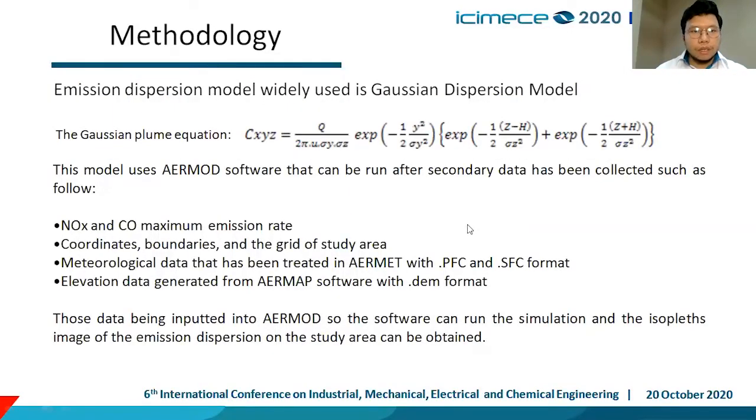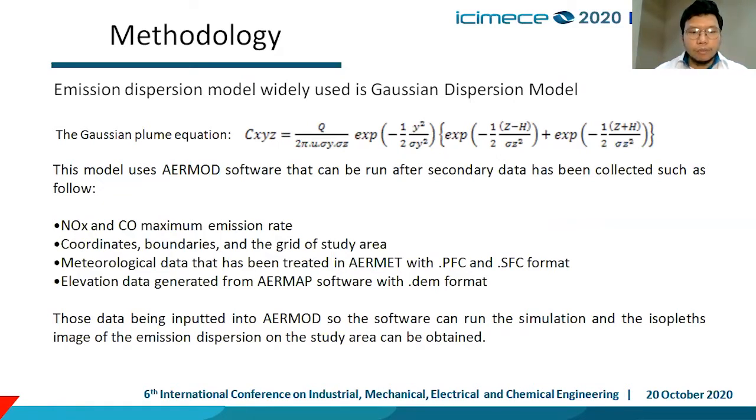And the last stage will be the emission dispersion model. We're using the Gaussian plume equation. You can see here the formula of the Gaussian plume, and the AERMOD software will be run by inputting several data such as NOx and CO2 maximum emission rate that we got from the CFD simulation.